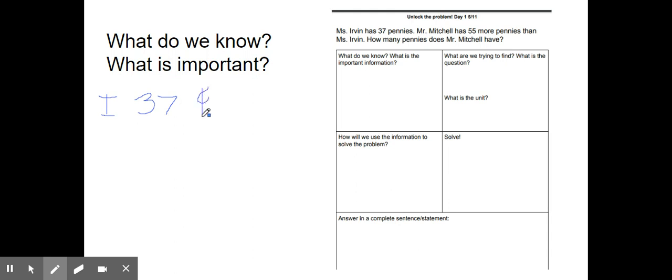We also know that Mr. Mitchell has 55 more pennies than Miss Irvin. So I'm going to write an M for Mr. Mitchell, and I'm going to write 55 more. We don't know how many Mr. Mitchell has yet. We just know that he has 55 more.